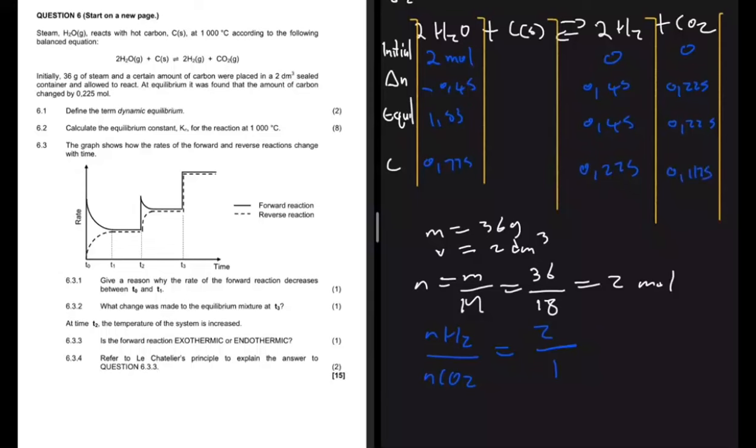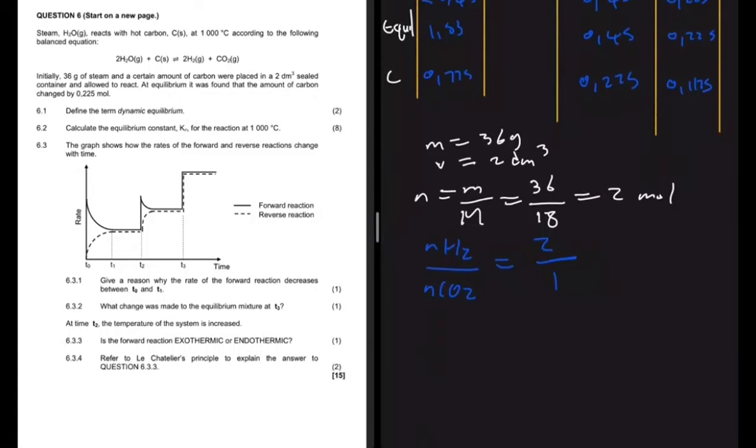And then the question would be, why am I not putting anything for the carbon, right? The carbon is a solid, and in chemical equilibrium, we are only interested in gaseous and aqueous solutions, right? We don't regard solids.